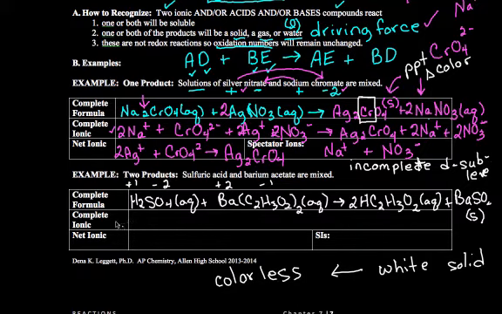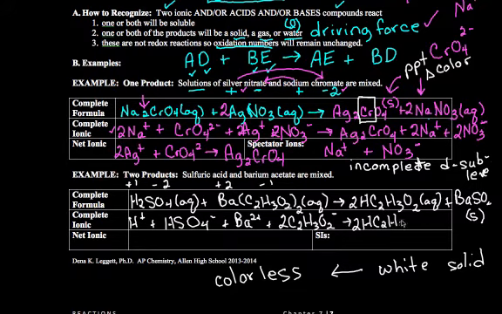Okay? Now, sulfuric acid, only the first H is strong, so I'm going to break that into H+ plus HSO4-. This is aqueous, so I have barium 2+ and 2 acetates. Acetic acid is weak, so I'm going to keep it together. And then I have my solid barium sulfate.